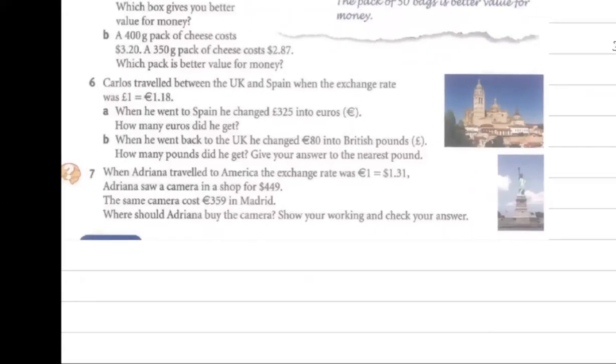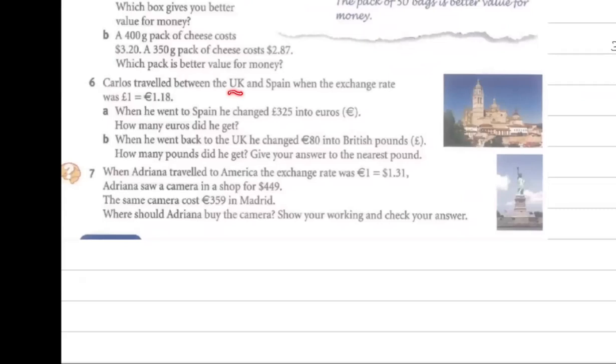Carlos traveled between the United Kingdom and Spain when exchange rate was £1 is equal to €1.18. When he went to Spain, he changed 325 pounds into euros. And how many euros did he get? So if you want to write, I would suggest you write it this way. Write the pound and write the euros.